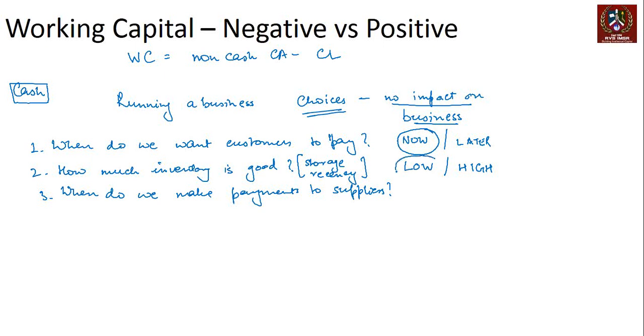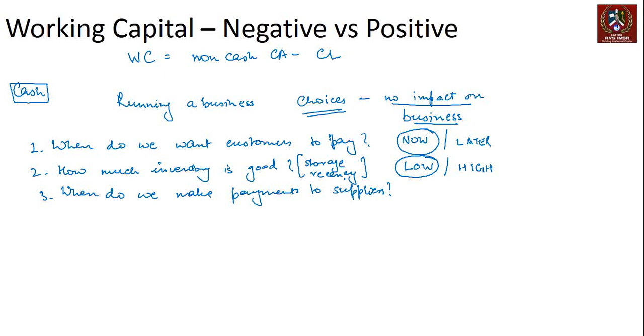Most of us would typically say low inventory is good. We want a smaller amount of inventory because that's manageable. Our storage costs are low, and we don't have a recency or obsolescence effect. The inventory does not become obsolete. If I keep cars in inventory, I also have to spend on keeping the cars in the same shape and color.